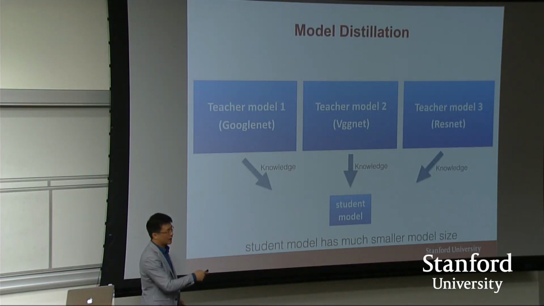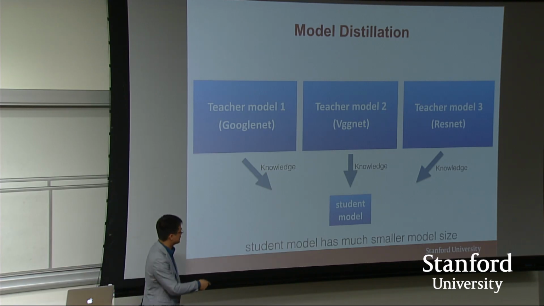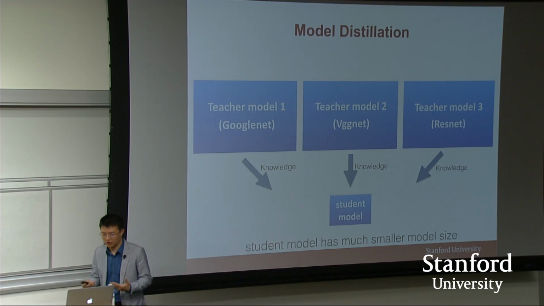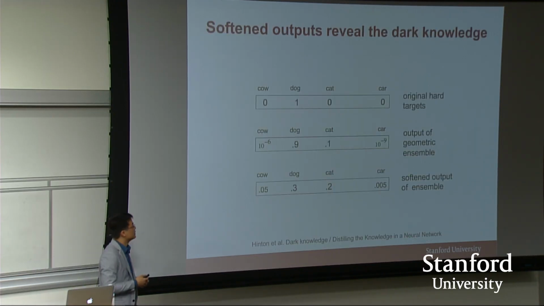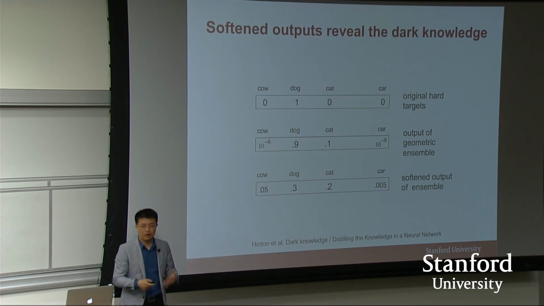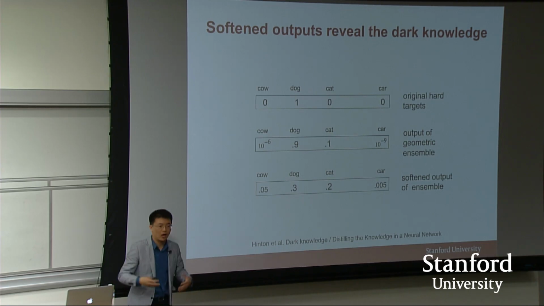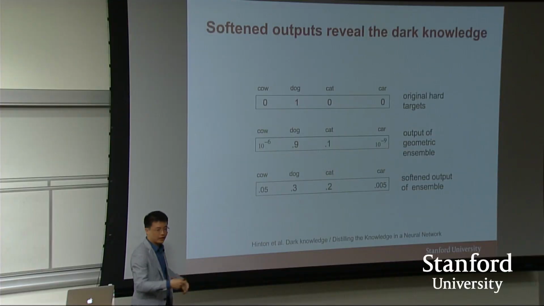So you have multiple large, powerful senior neural networks to teach this student model, and hopefully it can get better results. The idea is, instead of using the hard label, for example for cow, dog, cat, where the probability for dog is 100%, you use the output of the geometric ensemble of those large teacher networks, maybe the dog has 90% and the cat is about 10%.